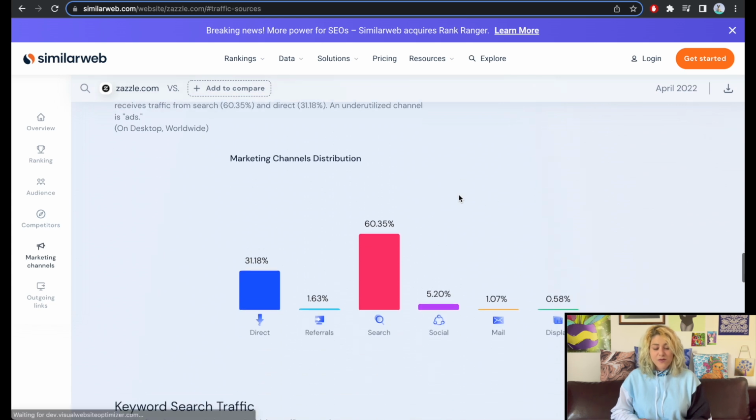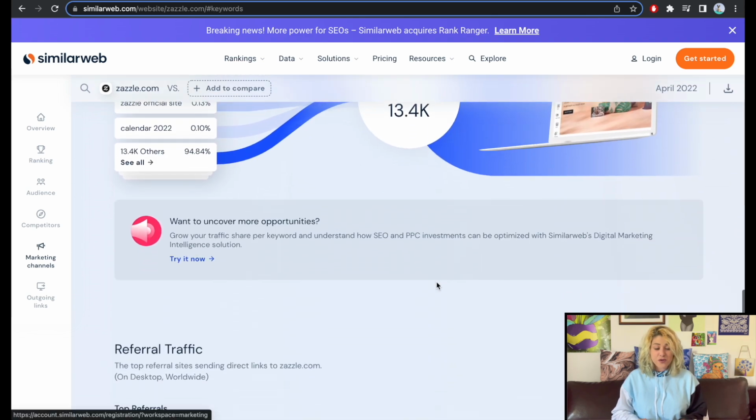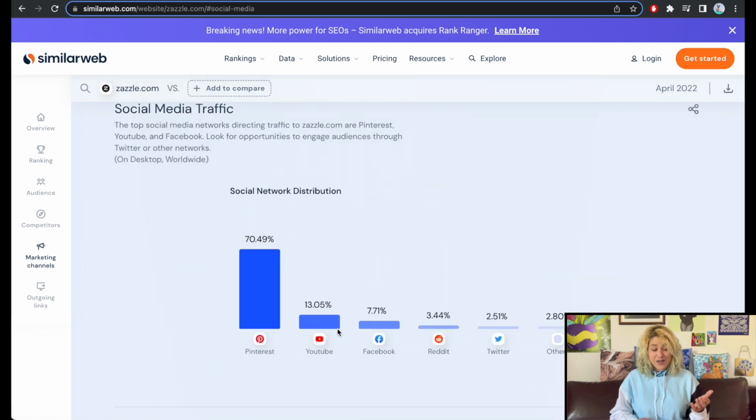Scrolling down below, I do have 60% arriving at Zazzle from search, which is a lot, and only 5% from social media. And those social media platforms are 70% Pinterest. So if anybody thought, hey, I'm going to open a Zazzle store and promote it on Pinterest, please give yourself a star sticker for having a good thought.